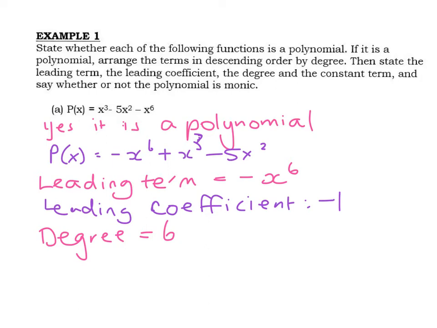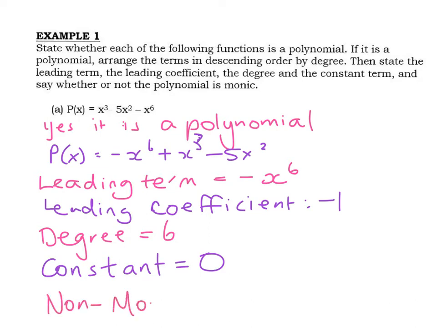The constant term, so we're looking for the term that contains no x's. There is no term in this one, so the constant is 0. And we're looking to see whether it's monic or non-monic. To be non-monic, it needs a coefficient other than 1. So it is non-monic because the coefficient is minus 1.